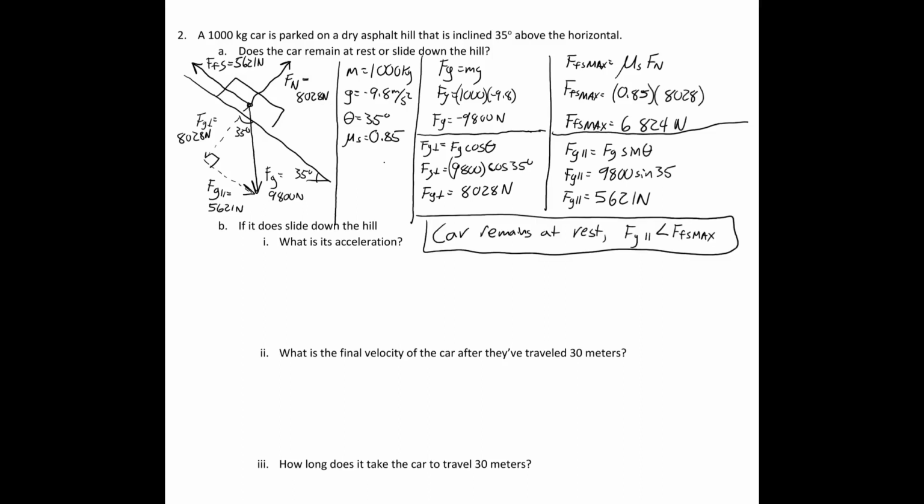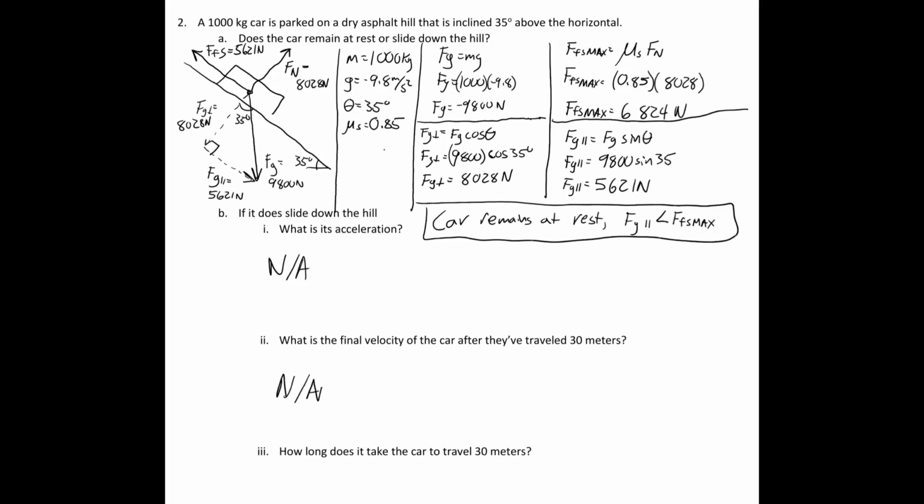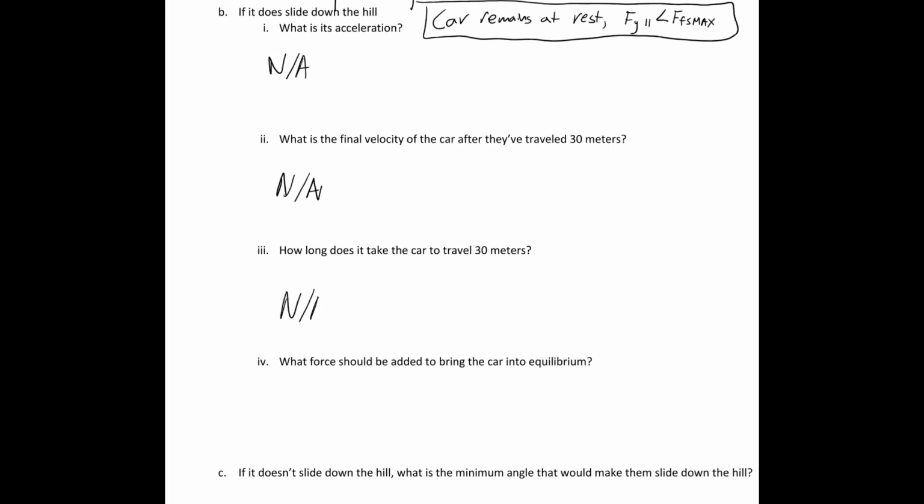Again, because the parallel component of the weight is less than the maximum static friction. So if it does slide down the hill, who cares? We did questions like this in the previous video. N/A. What's N/A stand for? Not applicable. I can't apply that to that. It doesn't happen.